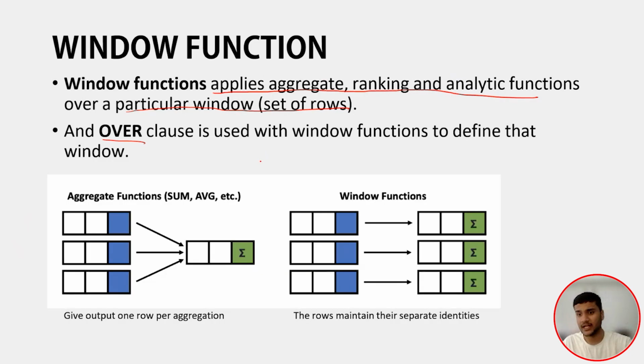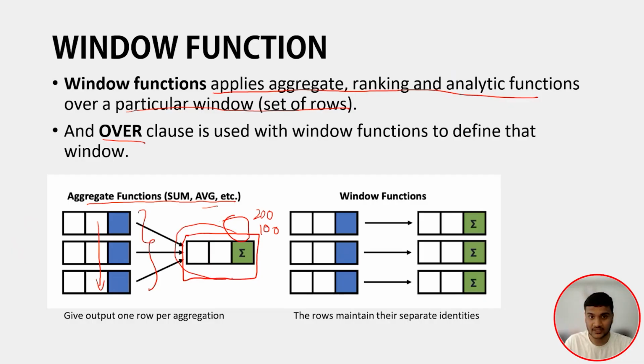And this is what a Windows function actually looks like. Whenever I use aggregation functions like sum, average, etc., on particular data, I get a single output. If I calculate the sum of all these three, I'll get a total sum, maybe 200, or if I calculate the average, I may get 100. So with aggregation functions, I get a single output.